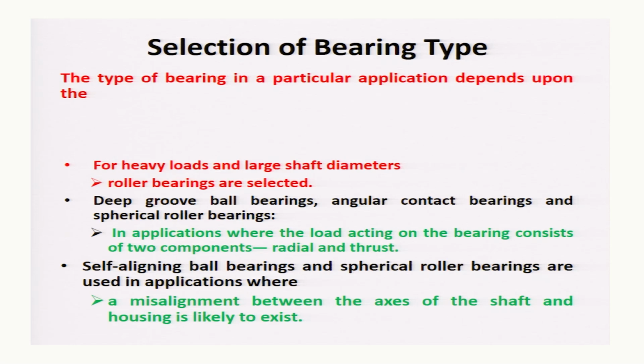So with this we are stopping at this stage in the lecture 1. In this lecture 1 particularly we studied about the rolling element bearings and the different types of rolling element bearings, their advantages, disadvantages and applications.